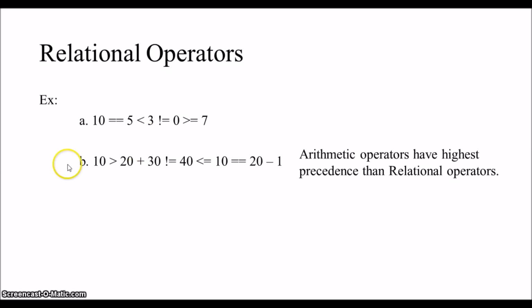So when an expression consists of arithmetic operators and relational operators, always remember arithmetic operators have higher precedence than relational operators. So in such situations, you should evaluate arithmetic operators first and then go for relational operators. So let's check how this complex expression can be evaluated and what will be its final result.